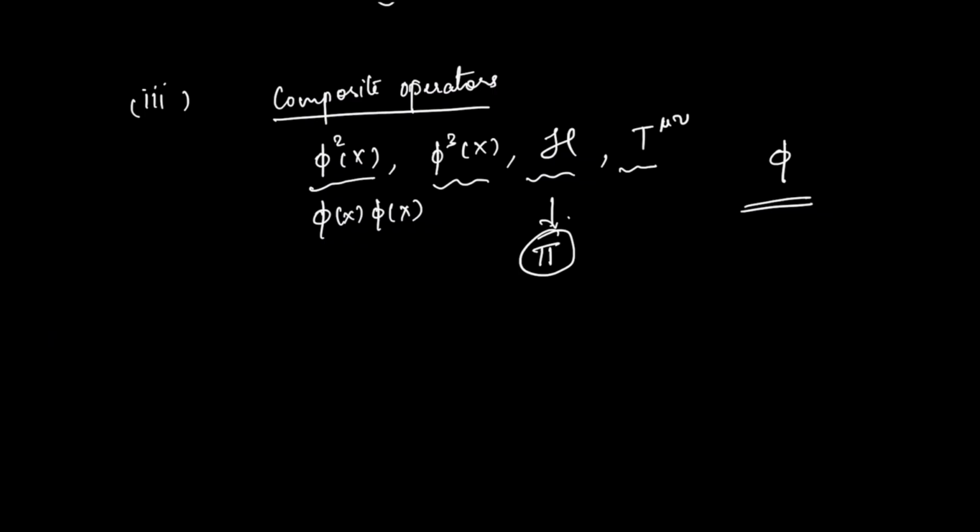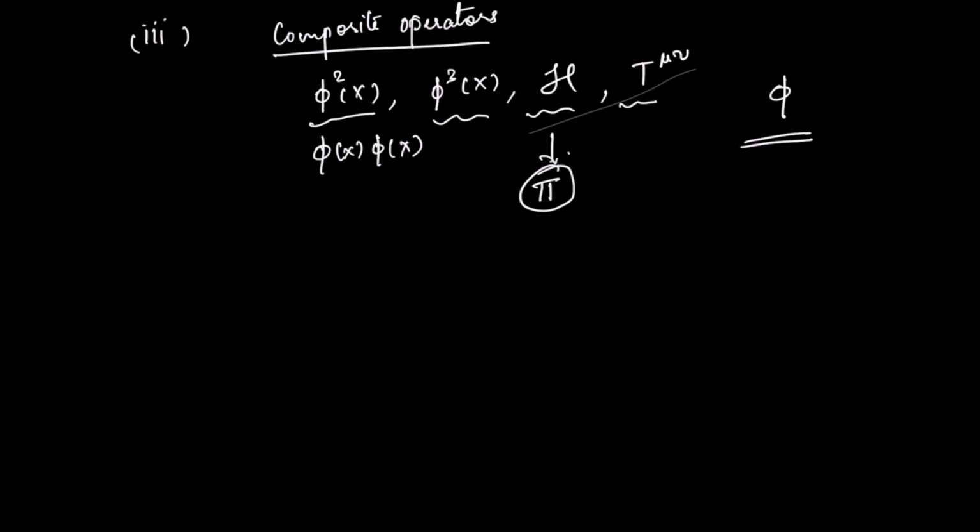Most of the time these operators are not well defined, because when you try to multiply them at the same point we arrive at a singularity. Such singular behavior is common in quantum field theory, and one of the most important aims of quantum field theory is to find different ways to renormalize the divergent quantities in a physically sensible way. How can you eliminate the singularity? That is one of the main aims of quantum field theory.